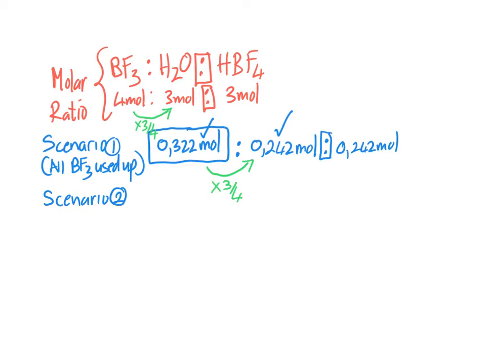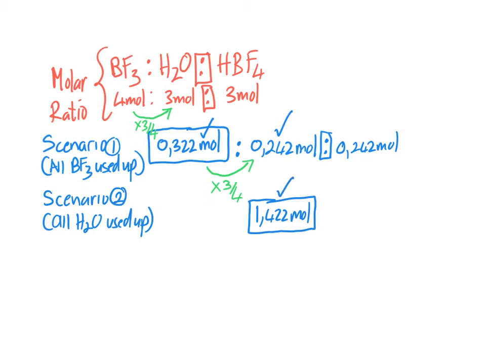So in scenario 2, we are going to assume that all the water is used up. Now, we have worked out that there is 1,422 moles of water in the reaction. Now, the ratio of water to BF3 is 3:4.